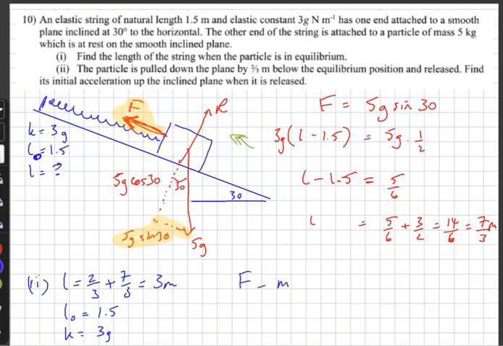If we take the difference between the force and the parallel component of the weight, that's going to equal F equals ma. So our acceleration multiplied by the mass is going to equal the difference between the restoring force pulling in one direction and the weight component trying to pull it in the other direction.